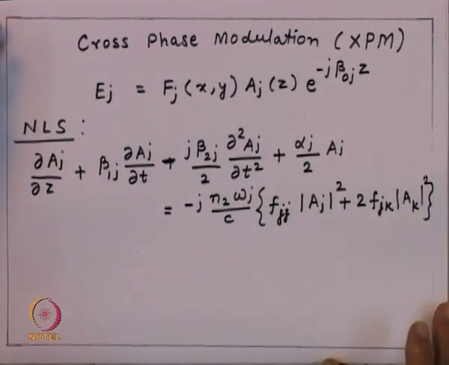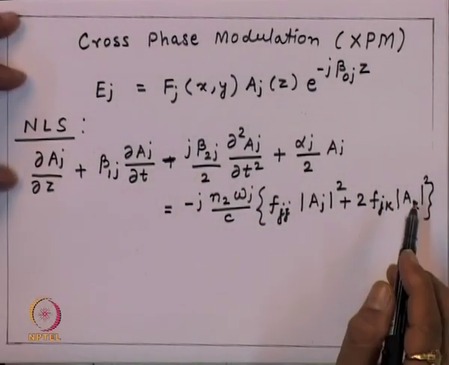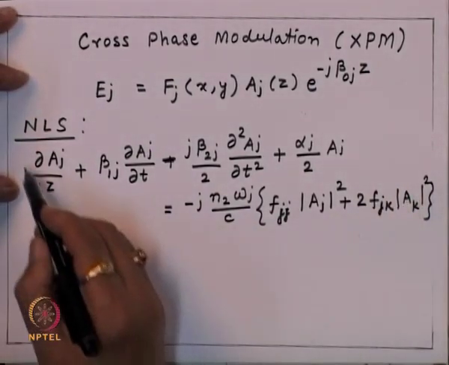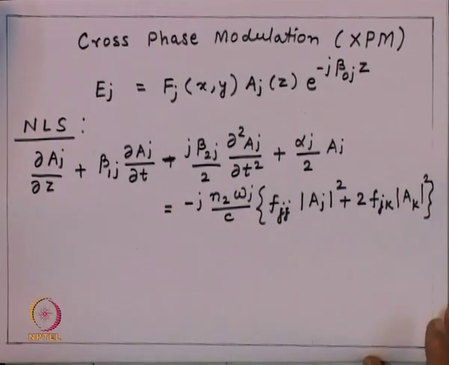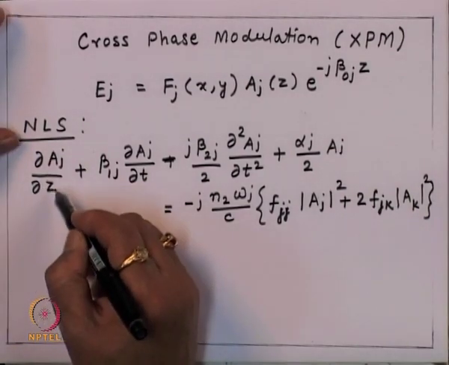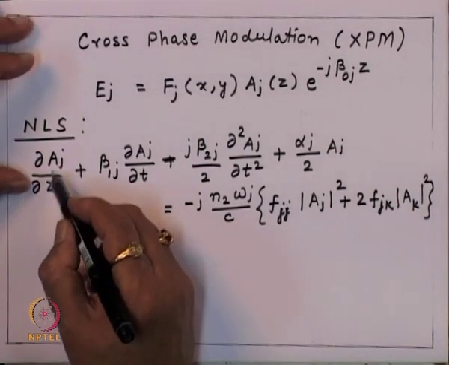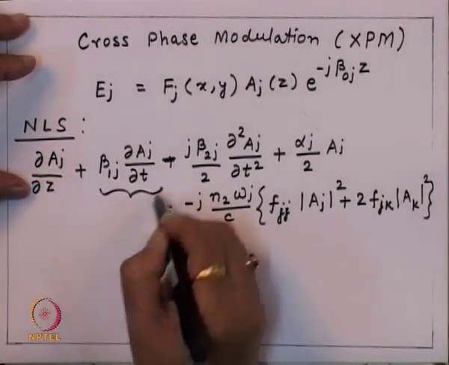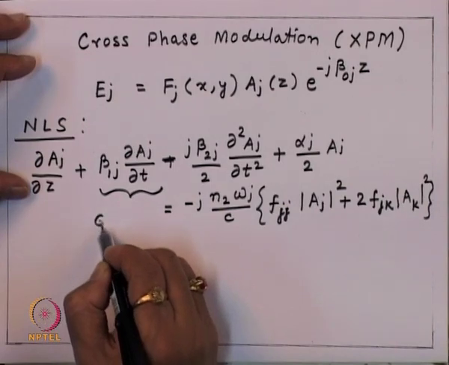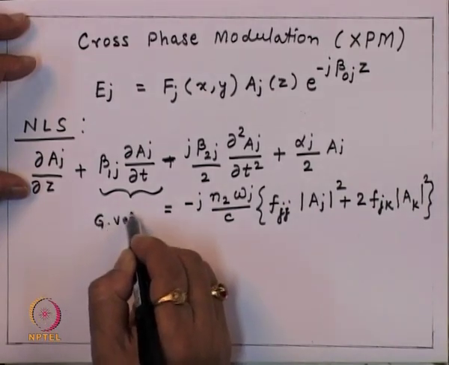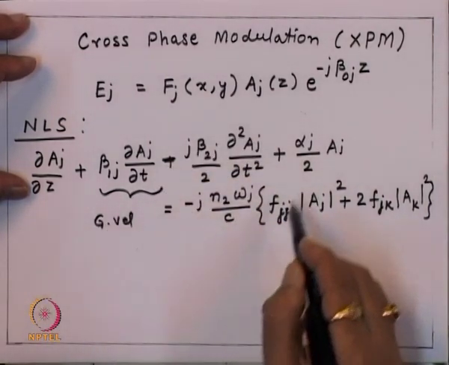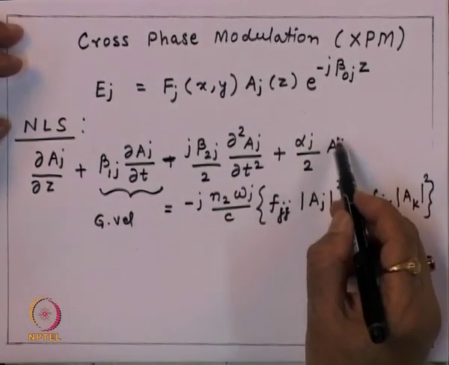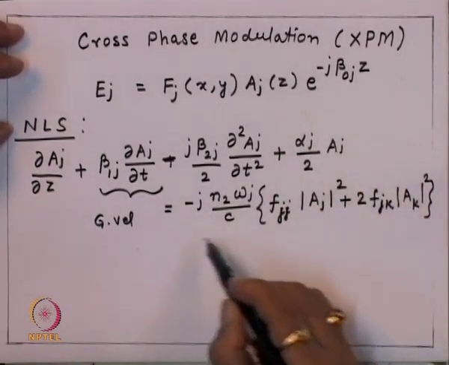So, as we have seen earlier in the nonlinear Schrodinger equation, this is the rate of change as a function of distance. This term gives me the group velocity, this term gives the group velocity dispersion, this term gives the attenuation, and this term gives the nonlinearity.